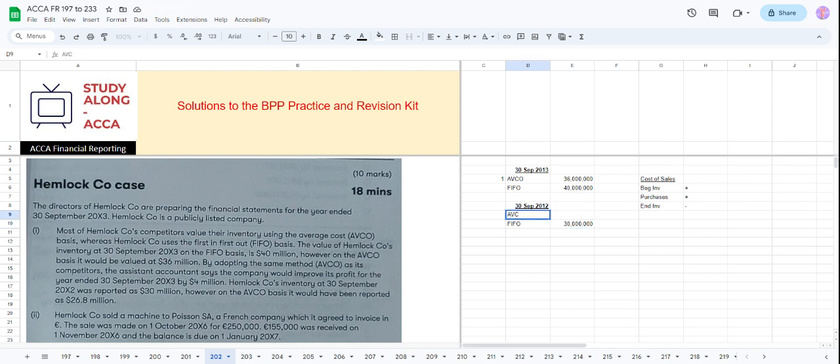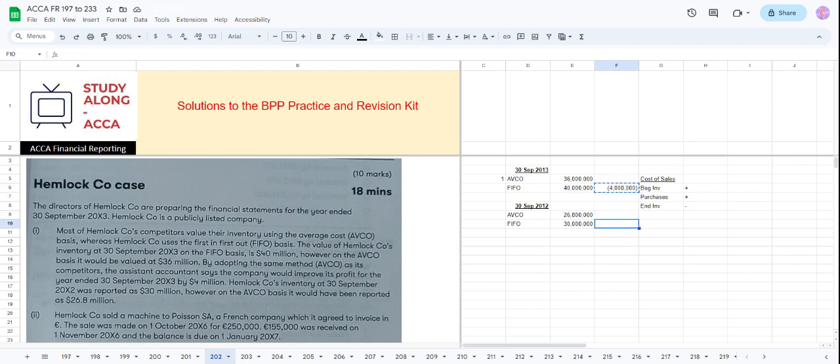Had they valued it at average cost, it would have been 26.8 million. So how much is the change? Ending inventory goes from 40 million to 36 million, so our ending inventory will decrease by 4 million.